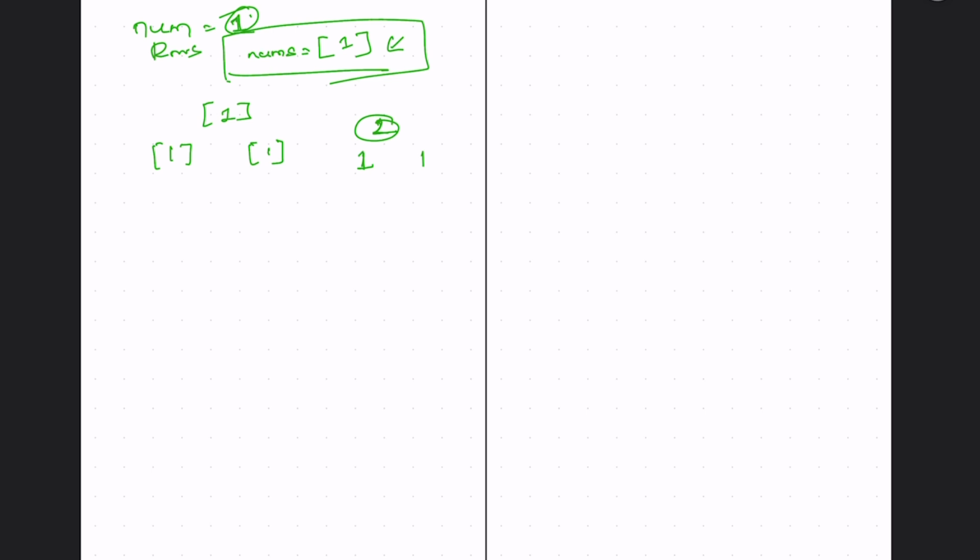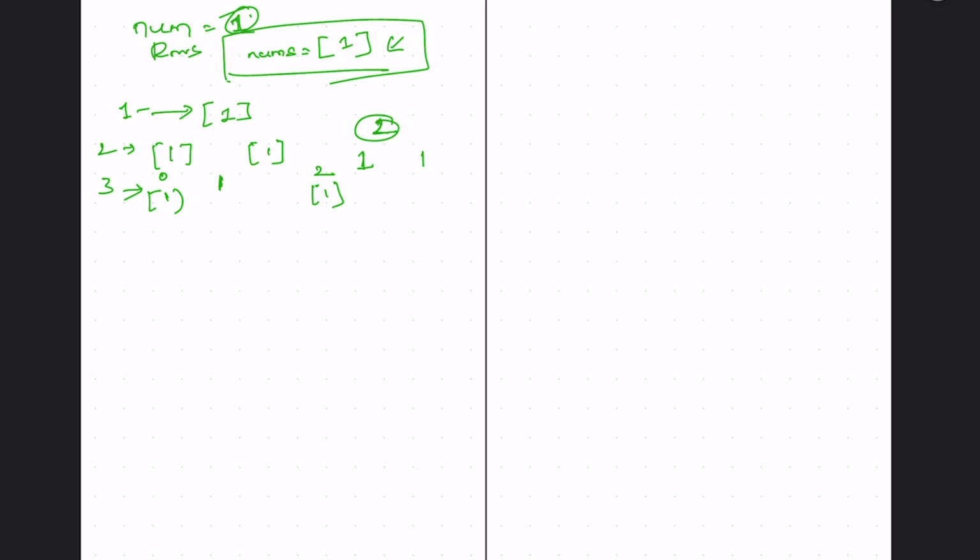Next, when I equals 3, first and last will be 1 and 1. Now what will be our in between? This is indexes 0, 1, 2, so 2 is the last and 0 is the first.